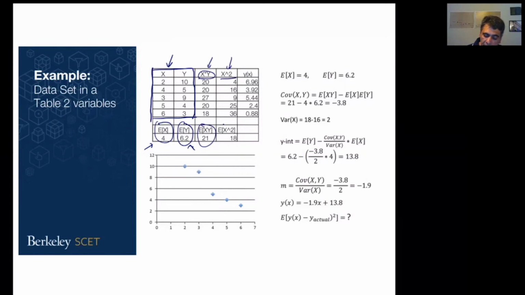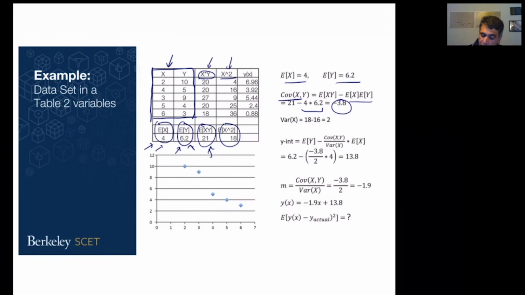So here and here. And so now our goal is to calculate covariance. Since we have all these numbers, we can just plug in the formula, and we'll get 21 minus 4 times 6.2. You can see where these numbers are coming from. And you get a slope of negative 3.8.